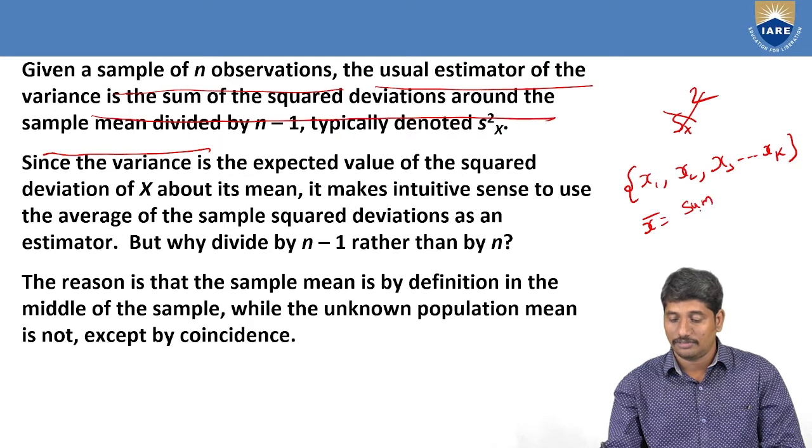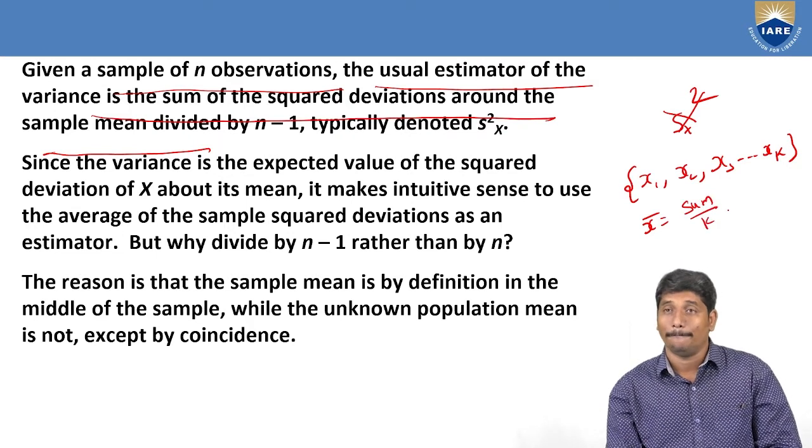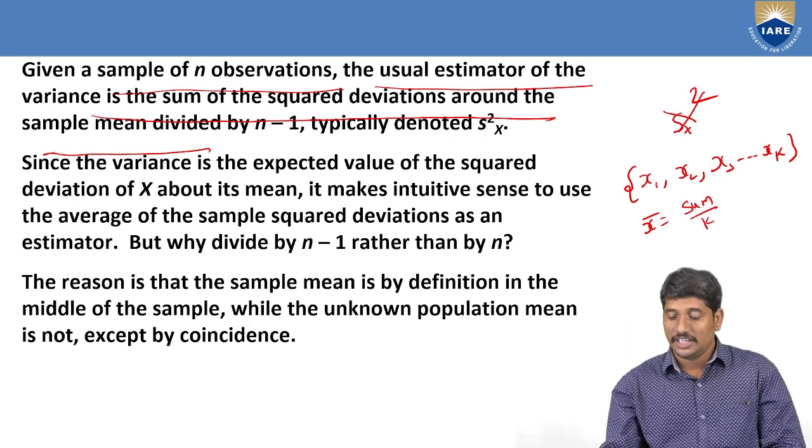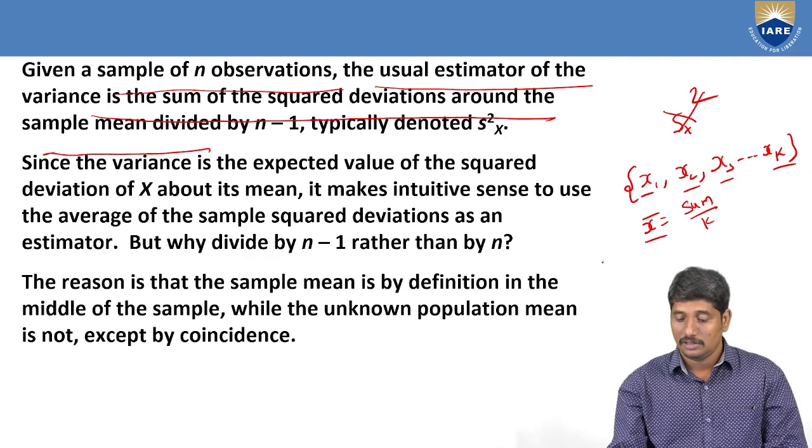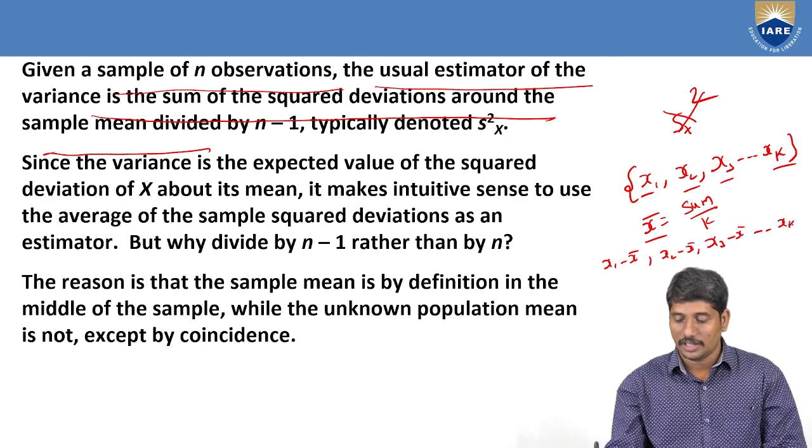Now let us take the deviations of each value from their mean. That is x1 minus x bar, x2 minus x bar, x3 minus x bar, and so on, up to xk minus x bar.